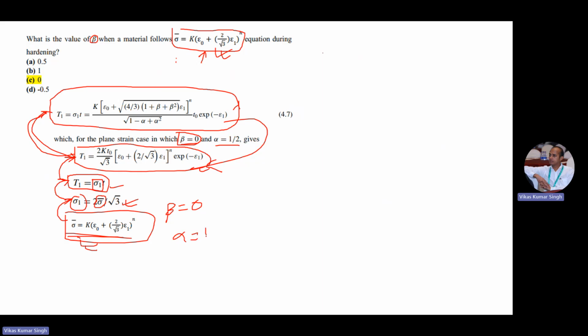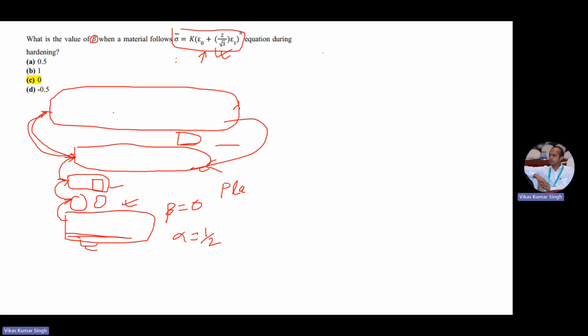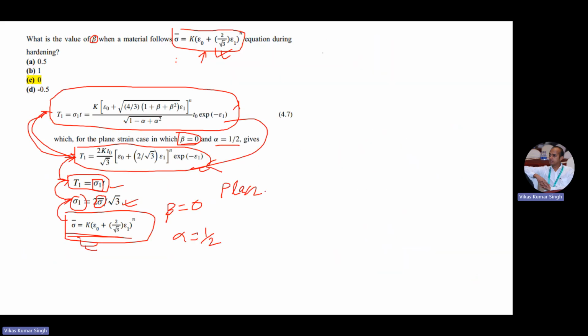If alpha equals half, then this is the case of plane strain mode, as given in the previous question. So don't be confused. Plane strain mode.